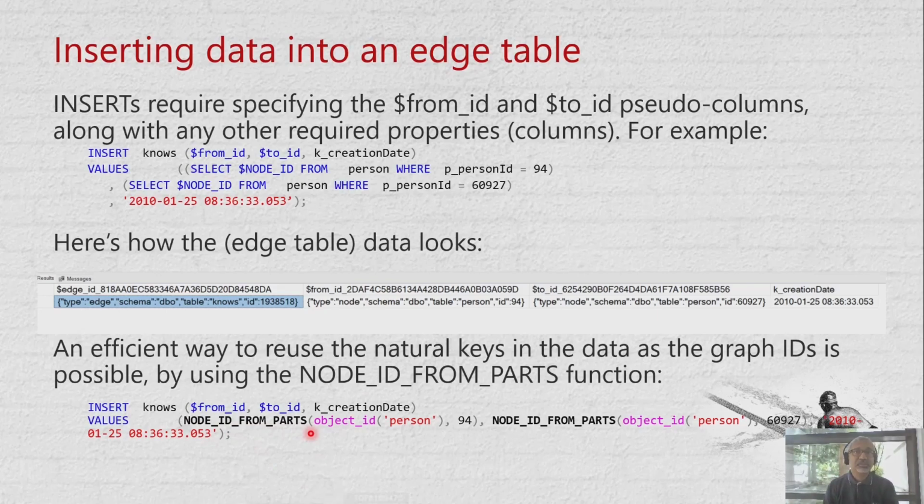Do consider using that if you have input data which already has integer natural keys. Otherwise, as you will see later, inserting into the edge table can sometimes get more expensive, because you have to join the natural keys to their graph equivalents in order to insert into the edge table.